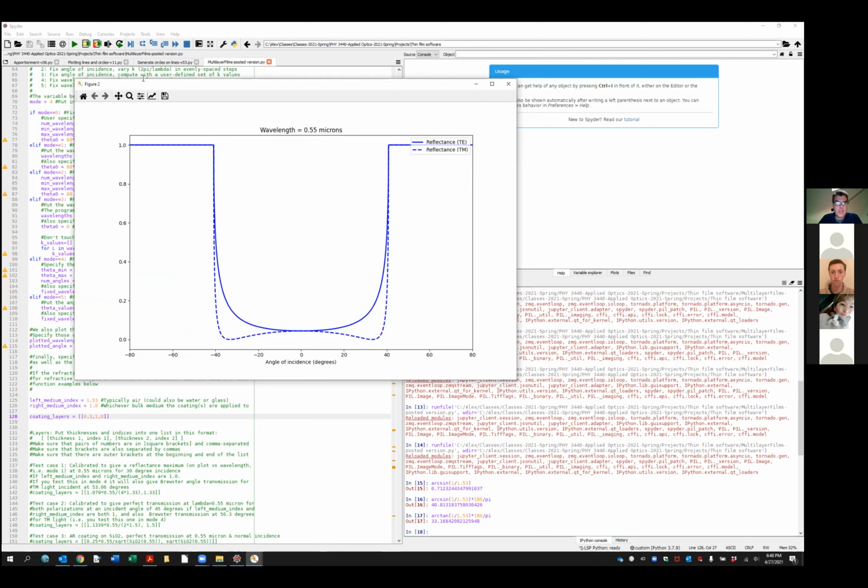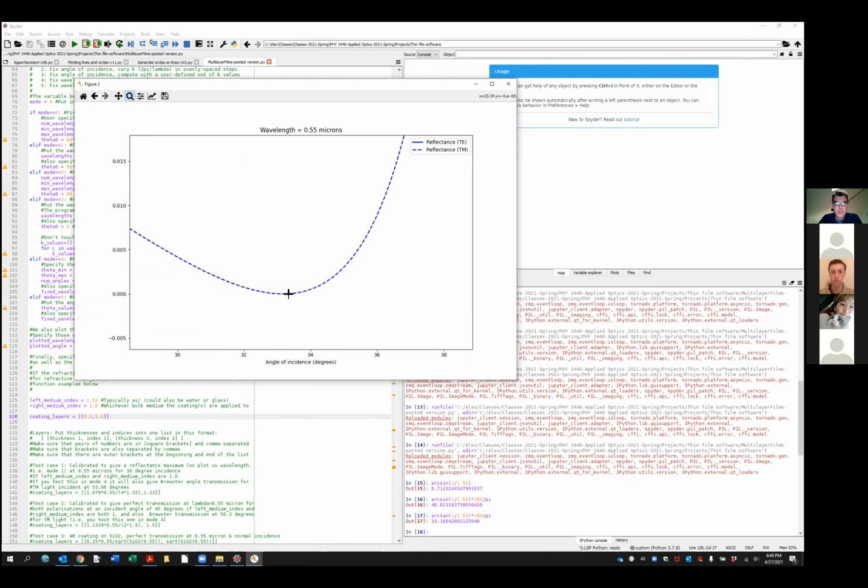And if we zoom in on here, sure enough, around 33 degrees, we get 0 reflectance. So what we have is a very interesting case where our reflected light will be 100% one polarization. Our transmitted light will have both polarizations, but our reflected light will be 100% one polarization.